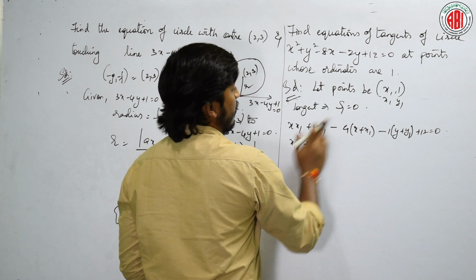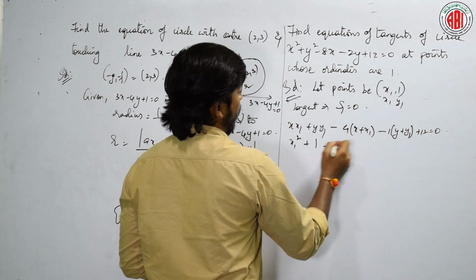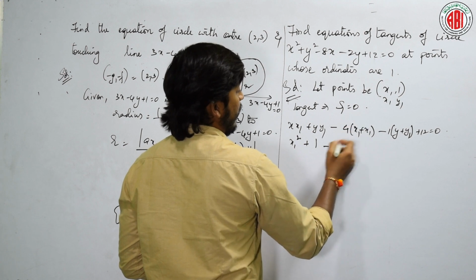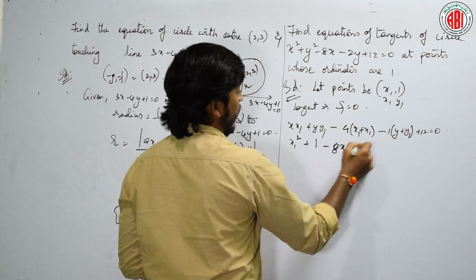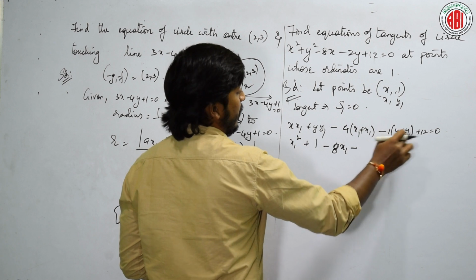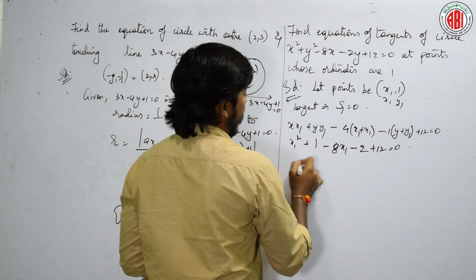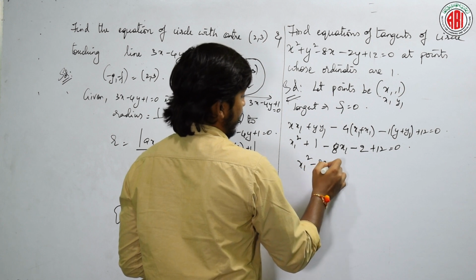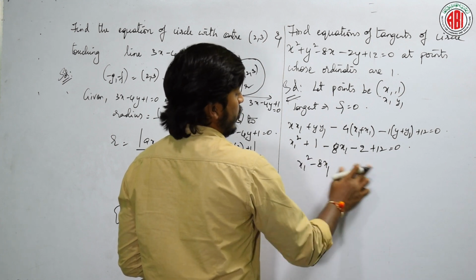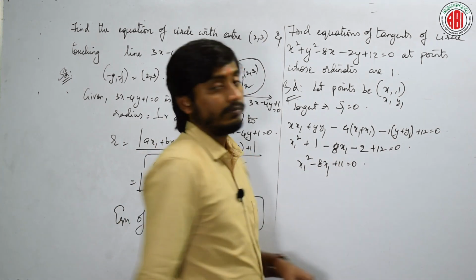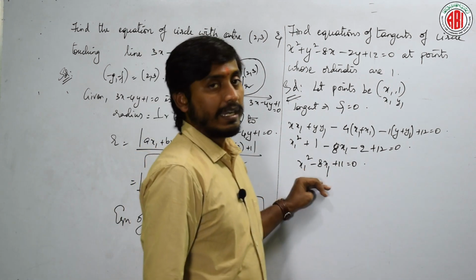What is this? 1 into 1, 1, minus 4 x1 plus x1, that is nothing but minus 8 x1, and here 1 plus 1, that is 2, plus 12. So we will get x1 square minus 8 x1, and here 12 minus 2 is 10, 10 plus 1 is 11. Clear? Did you understand till here?